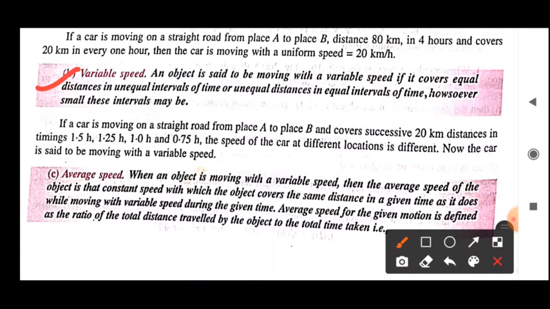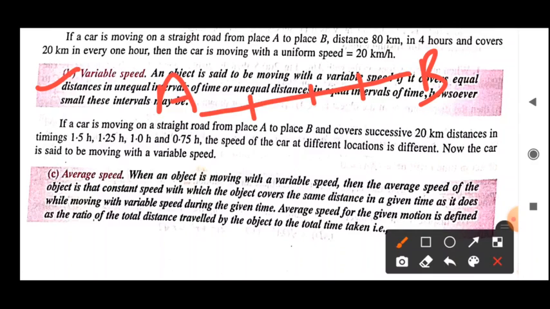If a car is moving on a straight road from place A to B and covers successive 20 kilometer distances in 1.5 hours, 1.25 hours, 1 hour and 0.75 hours. Just as we took these 2 points A and B before, now these are divided into 4 parts of 20 kilometers each.